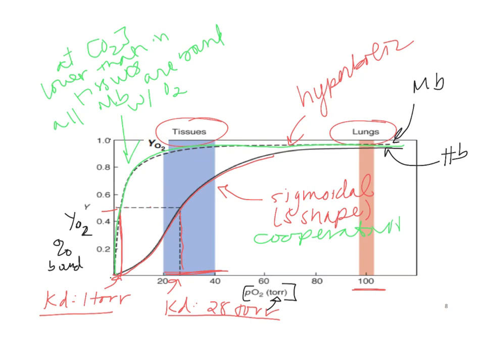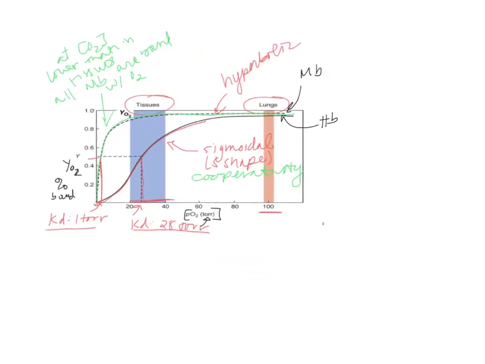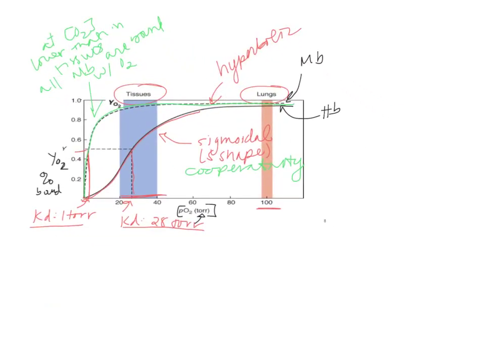The sigmoidal shape curve indicates cooperativity. Okay? Cooperativity is when the binding sites talk to each other. Hemoglobin has 4 binding sites. So there's 1 subunit, there's 2 subunits, there's 3, there's 4, and each one of these there's the heme, right?